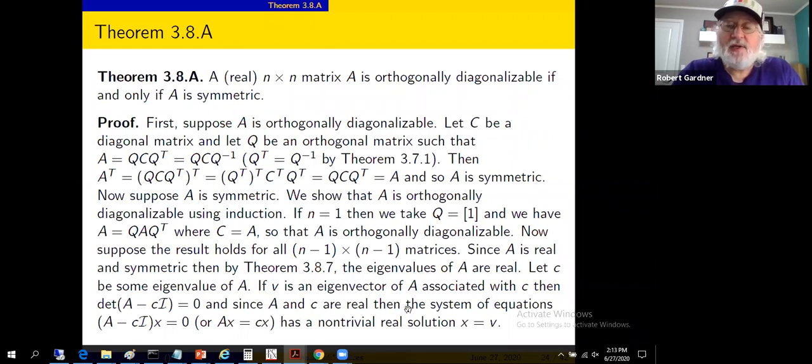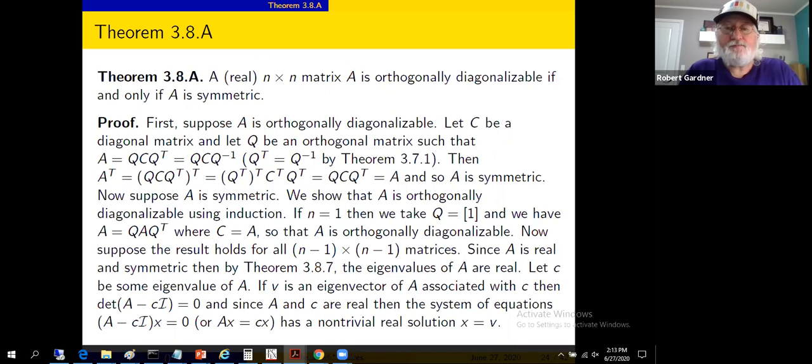Since A and C are real, the system of equations with this coefficient matrix, think of X as the unknowns, equals 0. This has a non-trivial real solution, namely eigenvector V. So by having chosen an eigenvalue and an eigenvector, this homogeneous system of equations has a non-trivial solution, X equals V.